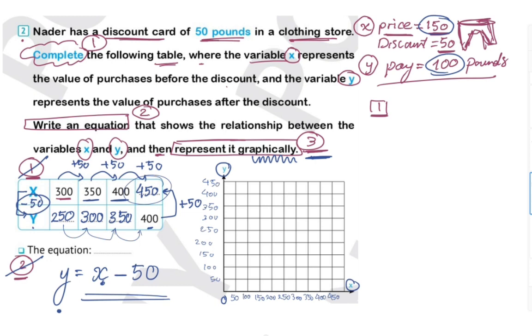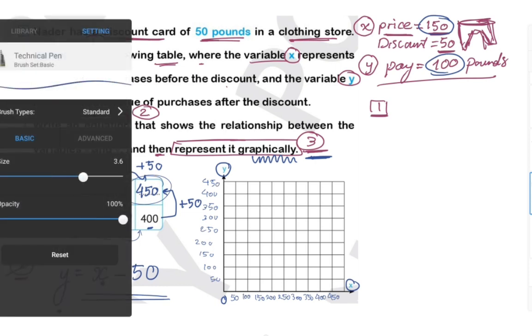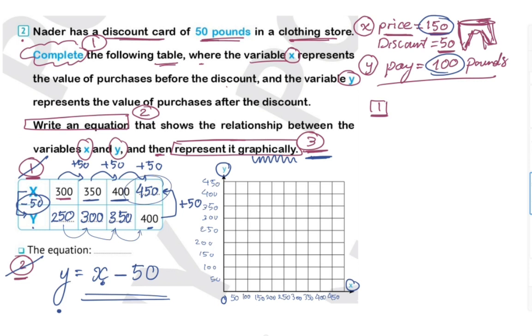Okay, now I need to draw every ordered pair. What's the meaning of ordered pair? Note with me. We have 1, 2, 3, 4. We have 4 ordered pairs here. So, the first ordered pair, which one?